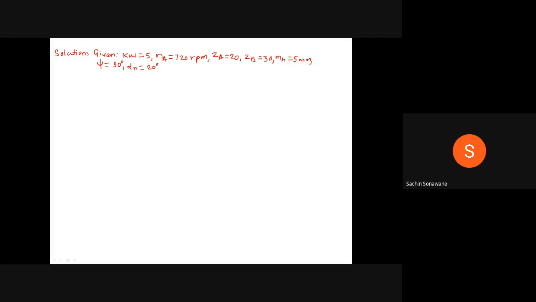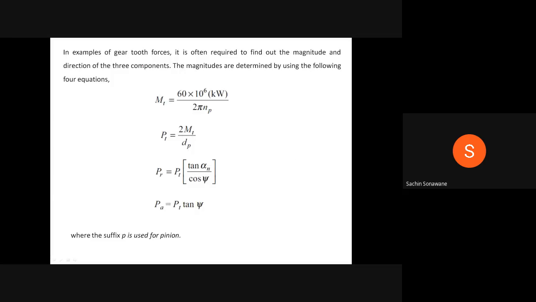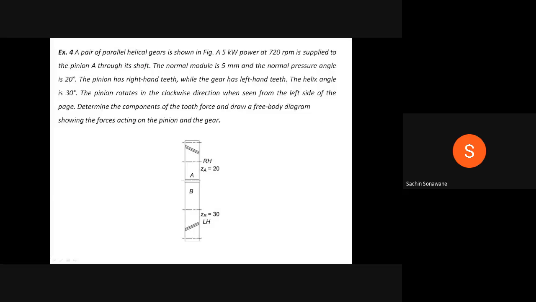Therefore, whatever we have seen, these four formulas we have to use, that is torque transmitted, tangential force, then PR, radial force and axial force or thrust force. Therefore, this A indicates pinion, B indicates gear, because pinion is having less number of teeth, gear is having large number of teeth.